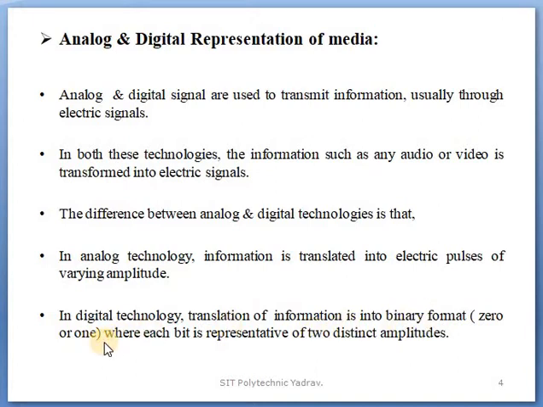You are IT department students, so you know what binary numbers are. Binary means 2, meaning 0 and 1, where each bit is representative of 2 distinct amplitudes. So in analog technology the information is conveyed using electronic pulses, and in digital technology using binary format, meaning 0 and 1.